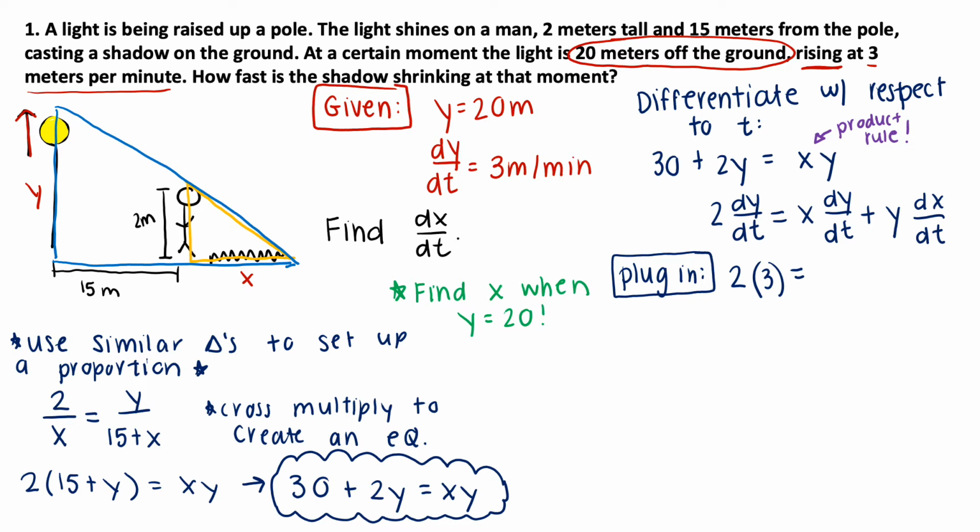So we would have 2 over x equals 20 over 15 plus x. Cross multiply to solve, we get 20x equals 30 plus 2x. So 18x equals 30. So we're left with x equals 30 over 18, or 5 over 3.